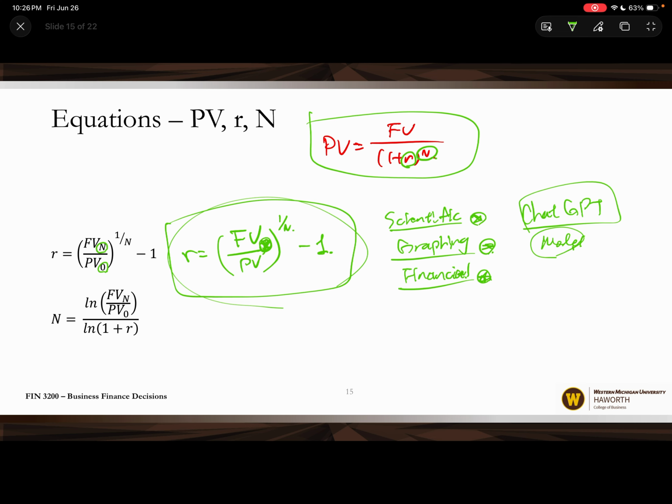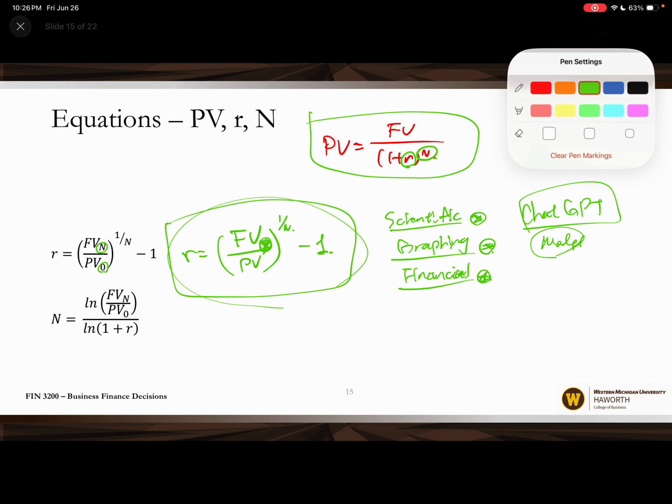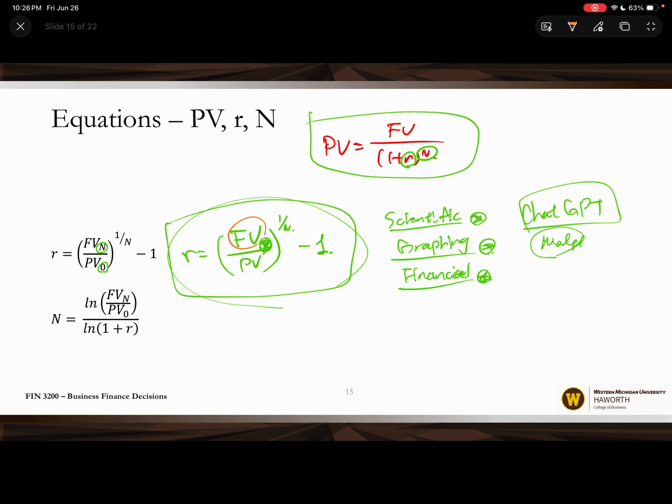In any problem, if you're given the future value, the present value, and the n, you can figure out the r, the annual rate of return, or the interest rate, or the discount rate. For this one, if you know the future value, PV, and the r, you can figure out the n.